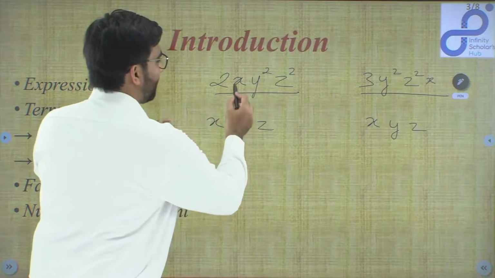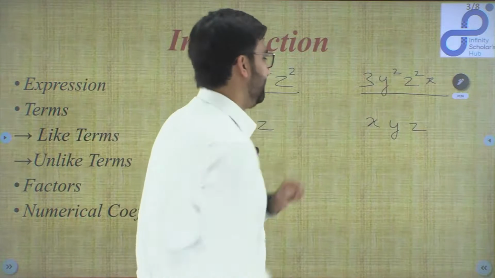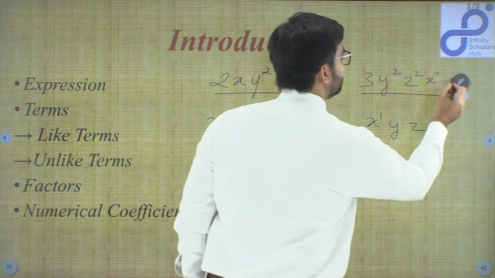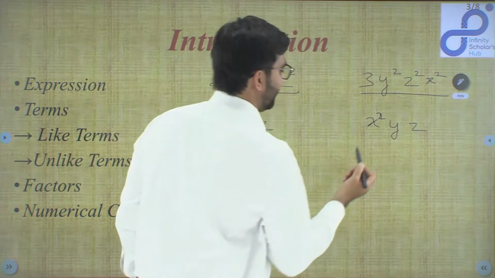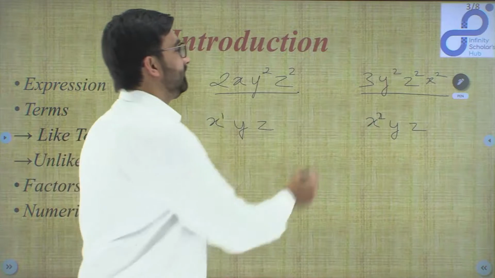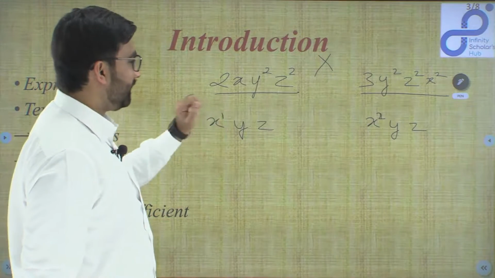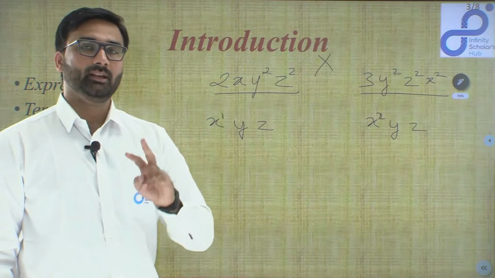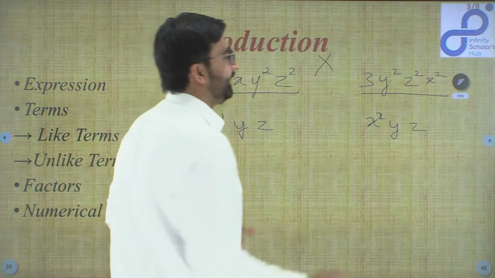Now see the power of x over here, it is 1. What is the power of x in this? It is also 1, correct? Well and good. See, if this would be squared, and so over here you have the power of x as squared, then in this case the two terms would not be like terms, because over here the power of x is 1 and over here the power of x is 2. So this cannot happen. They should have the same power, then and only then can you say that they are like terms.